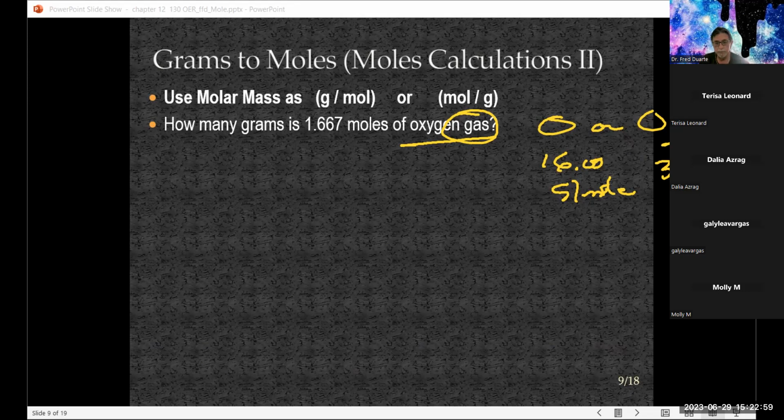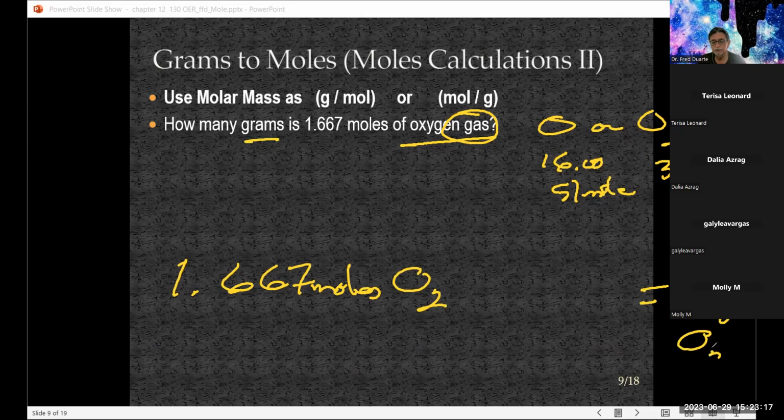All right, so write down what we're given. We're given 1.667 moles of oxygen gas, okay? We're being asked to calculate how many grams that is of O2.